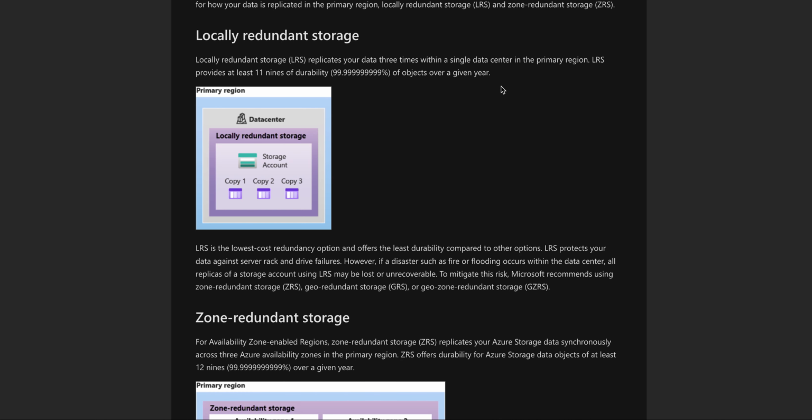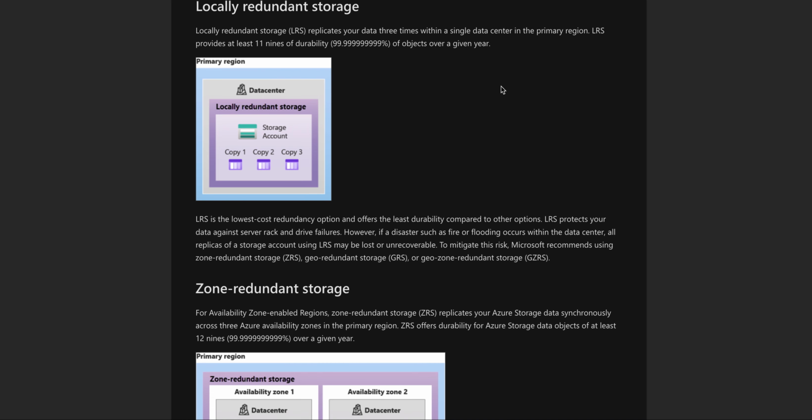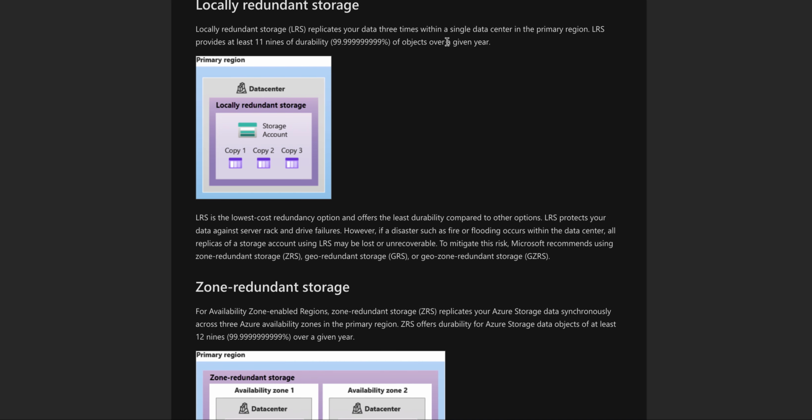Now LRS, or locally redundant storage, replicates the data 3 times within a single data center. So if you look at this image here, you have a data center, and you can see the 3 copies are within the confines, or boundaries, of this data center.